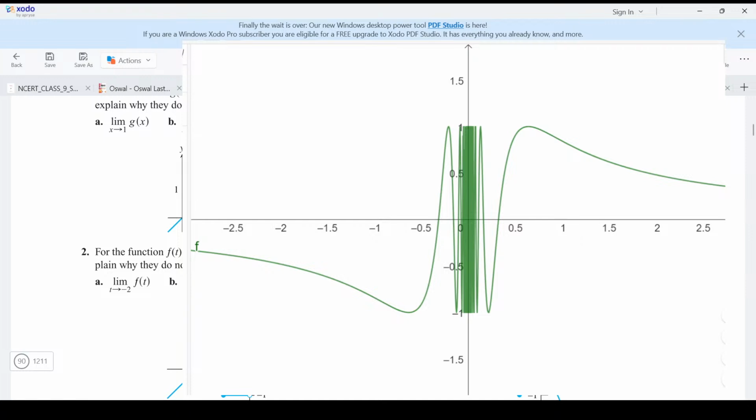Understood? Now what is happening when you are approaching 2 from the left hand side, that is from lower values of 2? You are approaching 1. When you're approaching 2 from higher values, then also you are approaching 1. So at 2, it is approaching 1.